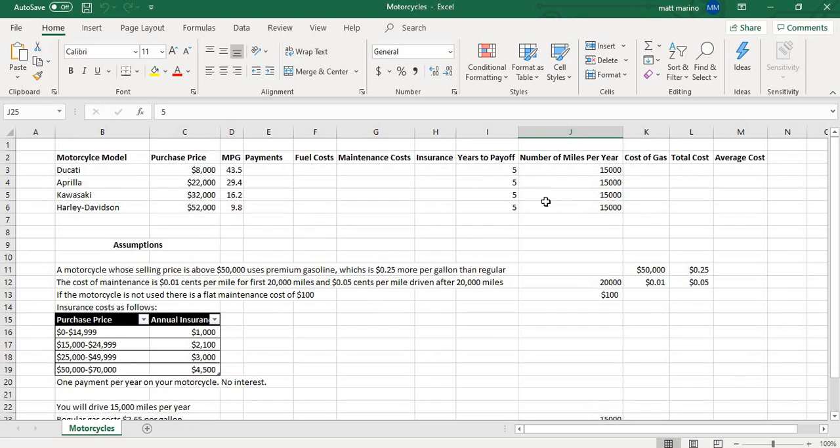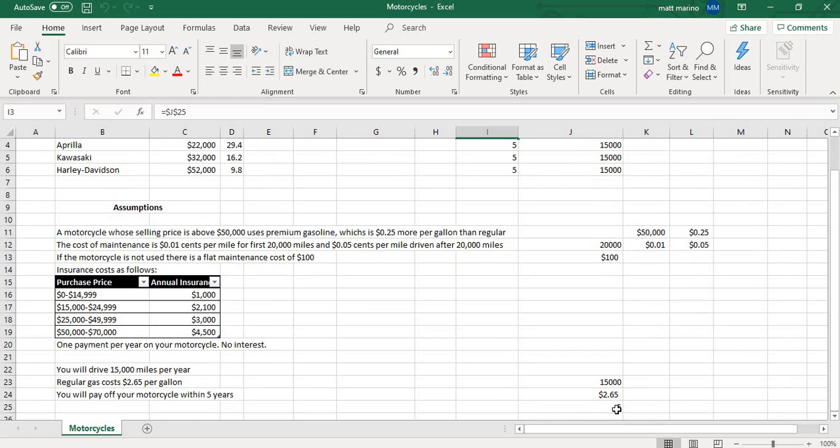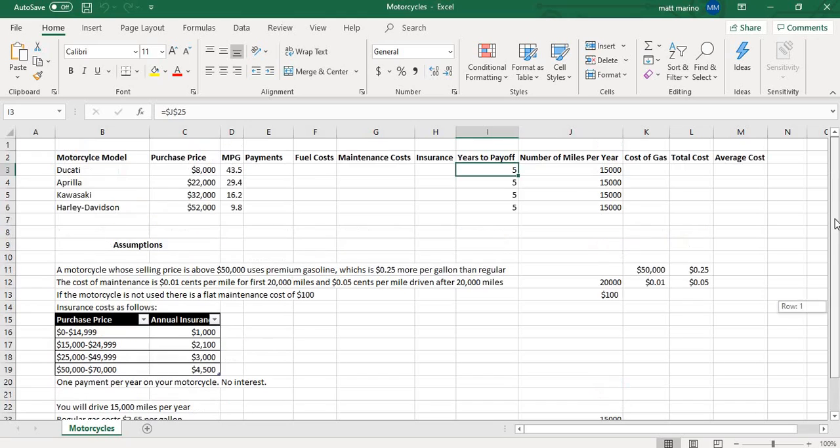So first, let's start with our years to pay off column. You'll notice all of them are already listed as 5. So how do we do this? Well, we use what is called an absolute cell reference, where we go back and we rely on cell J25. This means anytime we change the number within J25, it will change within this cell due to the absolute cell reference.